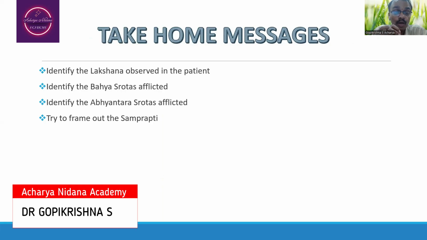And then we have to know about which particular Abhyantara Srotas is being afflicted. And after that, we have to try to make out the Samprapti analysis properly. These are the keys which may help you to identify the exact Nidana that may be observed in an individual.